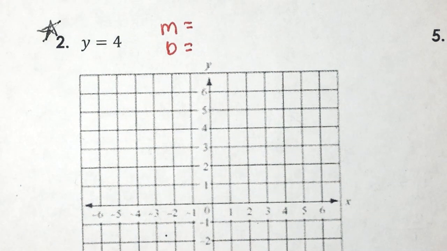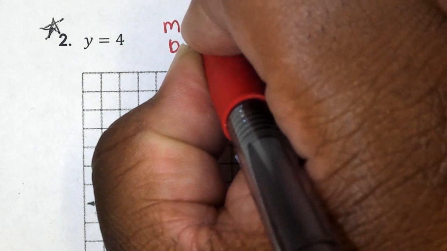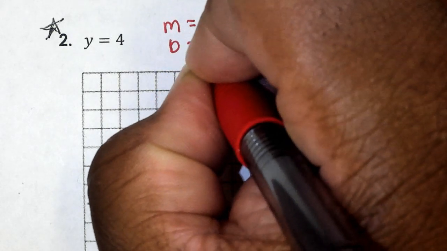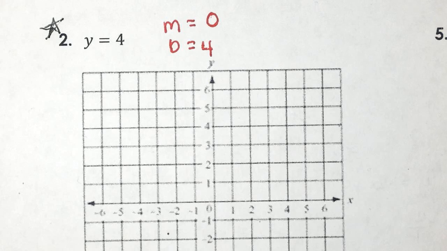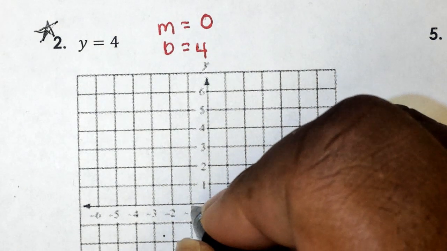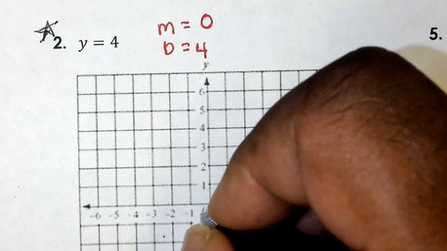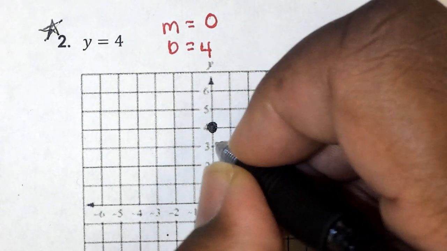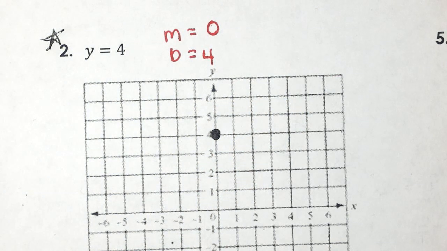What's the slope? Oh, there's no x. Slope is 0. What's the intercept? Slope is 0. My intercept is 4. So my b, I start at positive 4, my intercept. And then from there, the slope is 0, so I can't count, no slope.